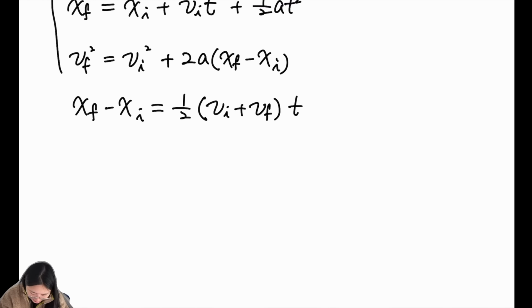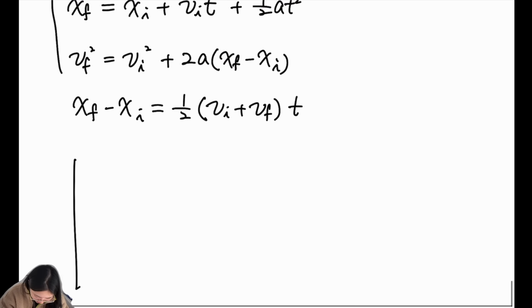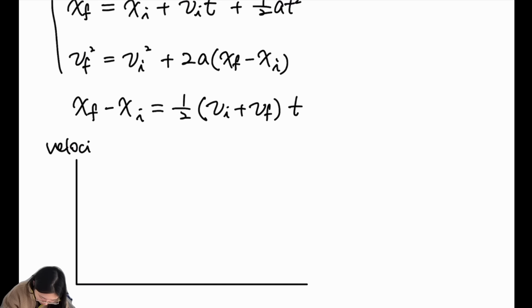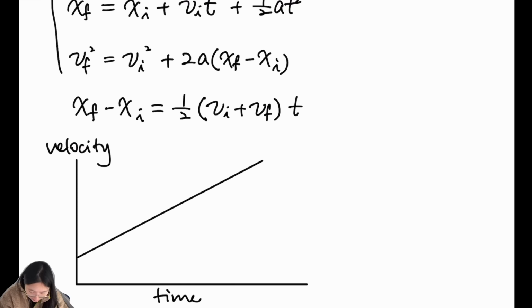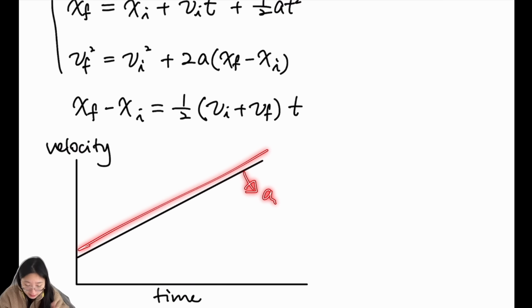And I can use the velocity versus time graph to represent it. Assuming this is a constant, positive acceleration, so velocity is increasing, then the velocity versus time graph is a linear line, because on the velocity time graph the slope represents the acceleration. Constant acceleration means it's a linear line.